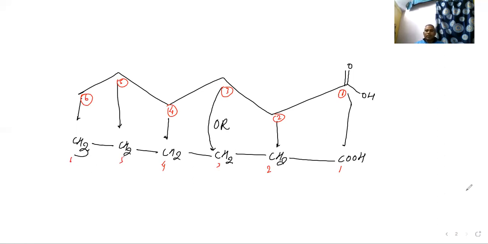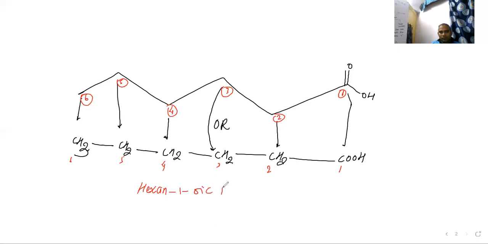Now, can you please tell me the name of this compound? Hex. Hex, super, very good. Hex, single bond, that is N. Hexan, 1, oic acid. Hexane 1 oic acid.